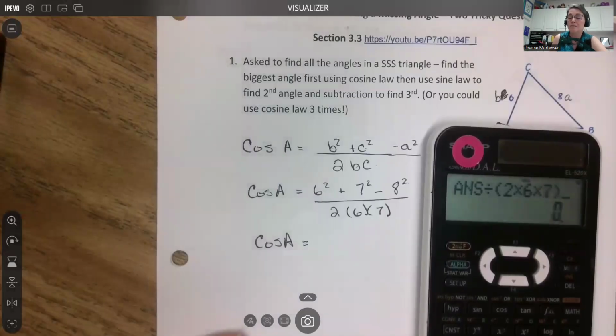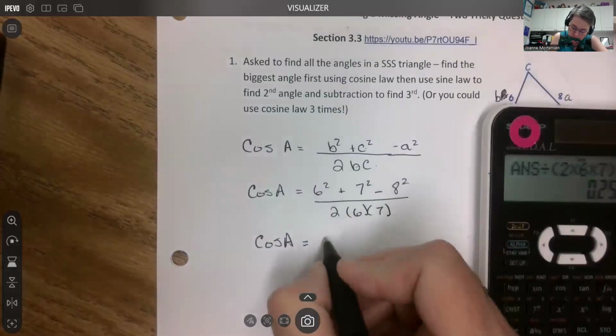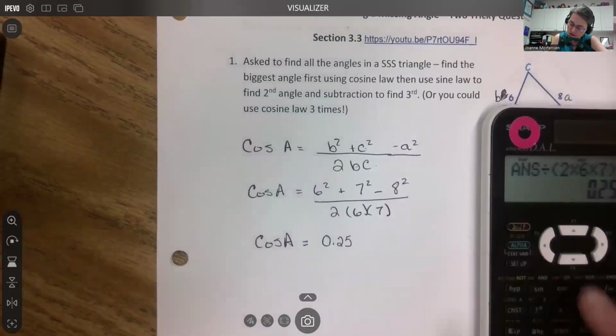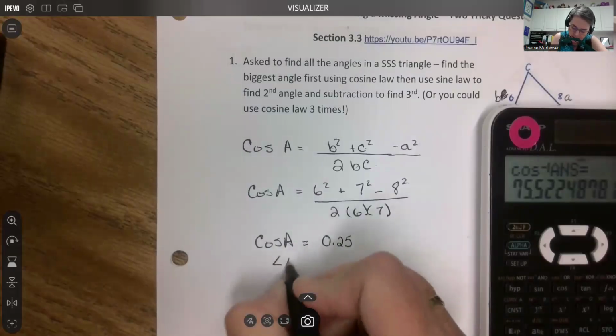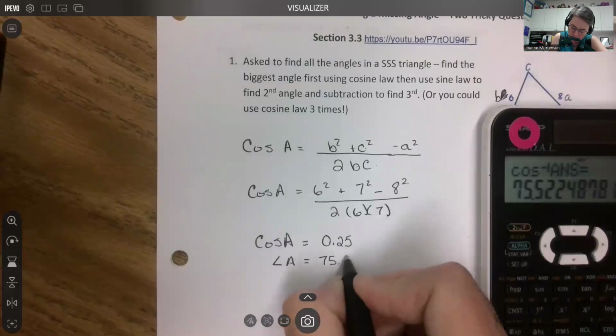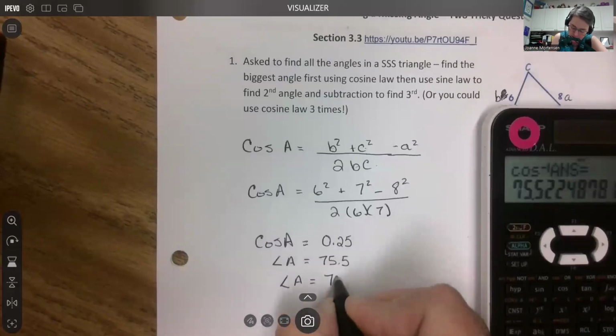Say a short math prayer, please. Let it work. Ooh, 0.25. All right, so 0.25, and then I'm going to do shift and cos and equals. So angle A is equal to 75.5. Angle A is 76 degrees.